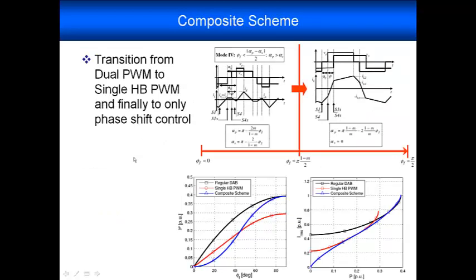We said earlier that the dual PWM is useful only at very light load conditions. So what happens is that we can start with dual PWM at light load conditions, then transition to the single PWM that we talked about earlier as the load increases. The transition point occurs at this value of phi f that's indicated here.